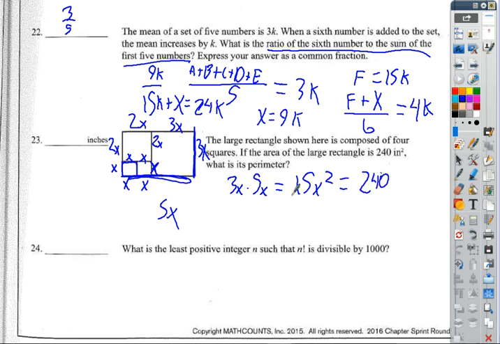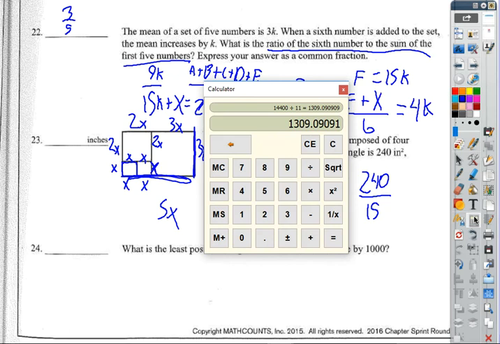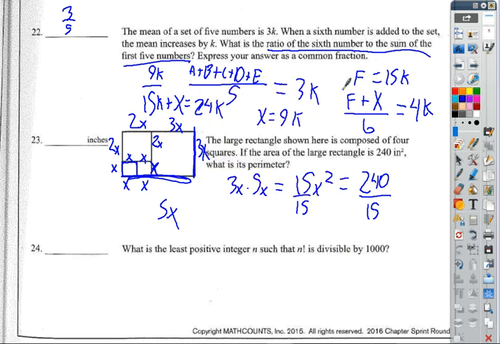So you could divide both sides by 15 to try to isolate x. And when you did that, what would you get? I'm going to bring out the calculator. Or no, never mind. Okay, so you could divide both by 5, and you get 3 there. Divide that by 5, and that would give you 48.